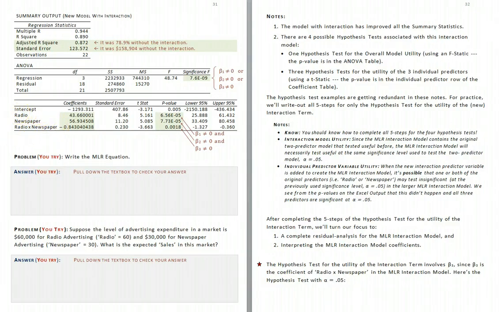For all hypothesis tests, you should understand and be able to create all 5 steps. At the bottom of this page, there are 2 U-try problems. You should work through these U-tries. Read through the discussion on this next page.